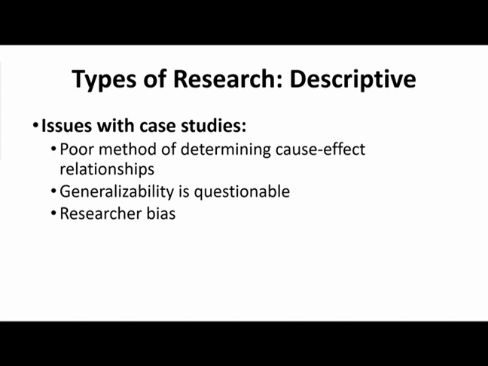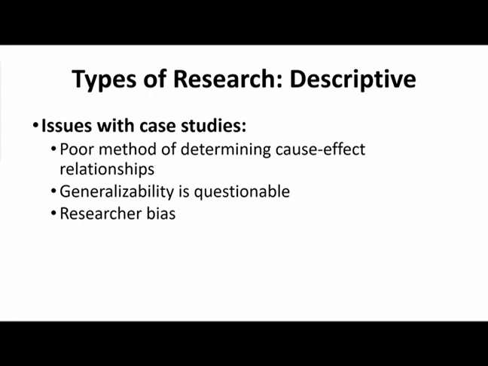Does having amnesia cause them to be bad at mental math, or are both the mental math and the amnesia caused by something else? So a causal relationship, this cause and effect, is really difficult to determine in a case study because we're not manipulating anything.